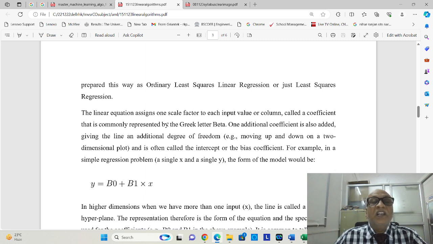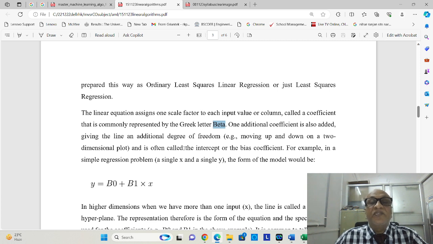What exactly the linear equation does is, it will be assigning a scale factor to each input value, and that scale factor is called a coefficient, and the coefficient is represented by the Greek alphabet beta. One more coefficient is added which gives us additional degree of freedom. What is this additional degree of freedom?